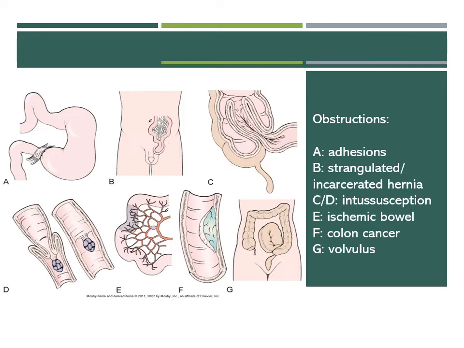The next one, B. Well, it's usually the small intestine that goes into a hernia. So if you have a strangulated hernia, or what's called a non-reducible hernia, well, that's going to give you a small bowel obstruction too.